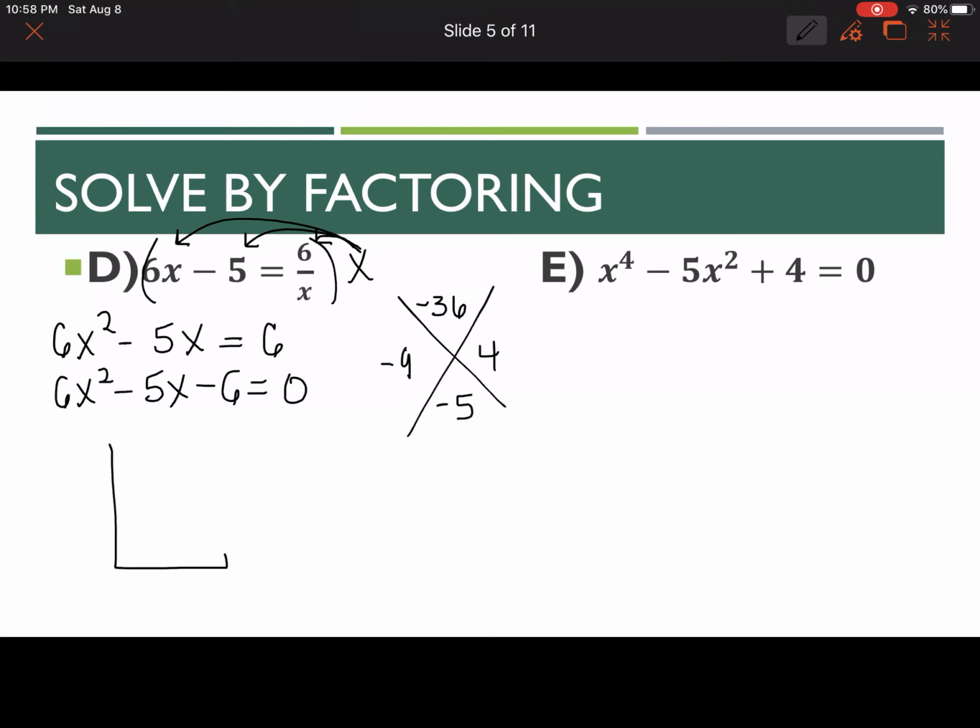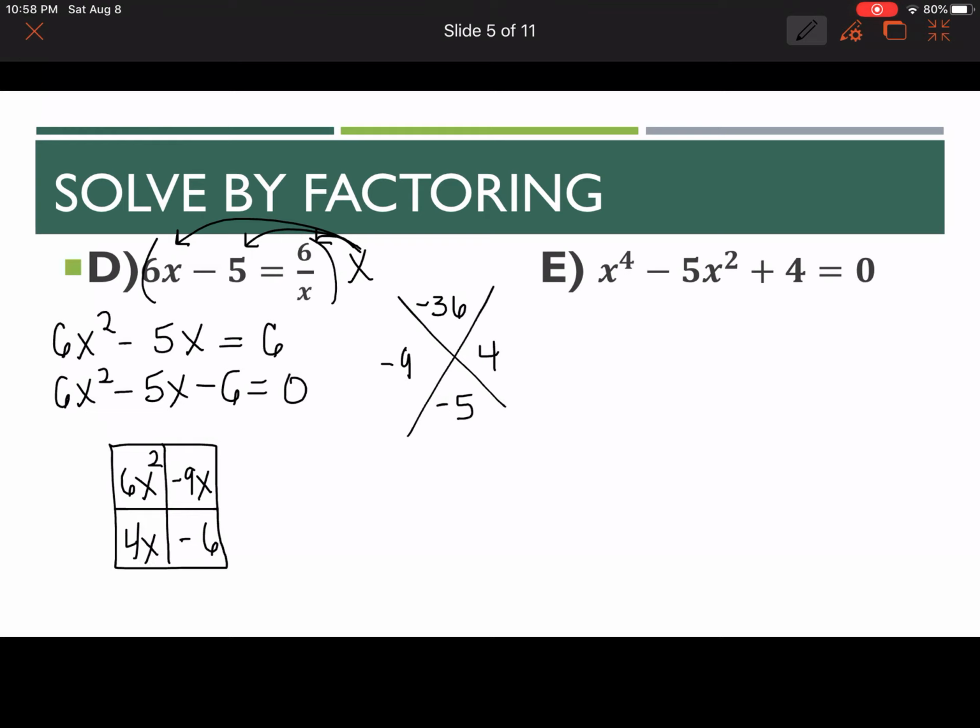So we're going to make our box like so. 6x squared goes here, negative 6 goes here, and then we have our negative 9x and our positive 4x.